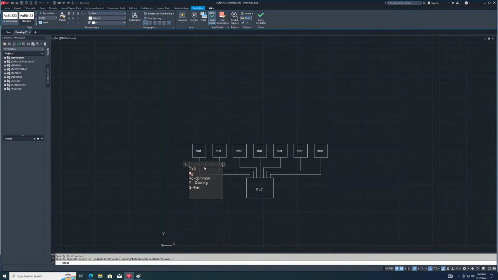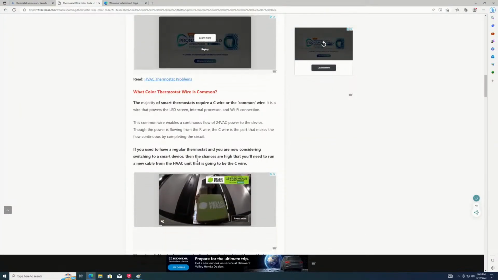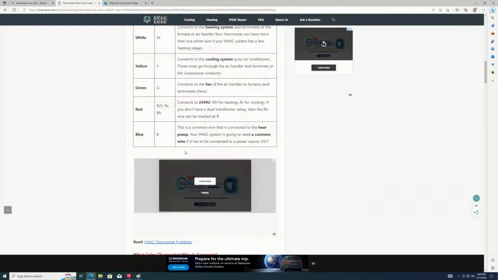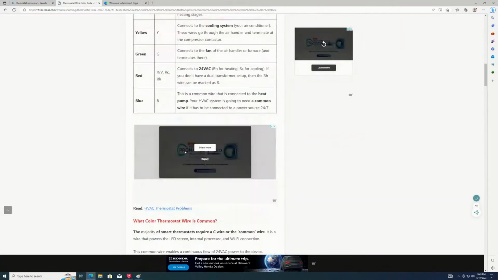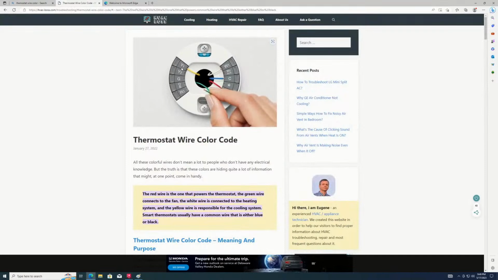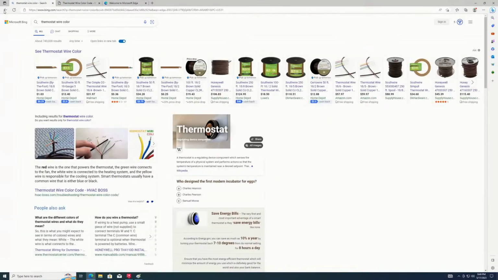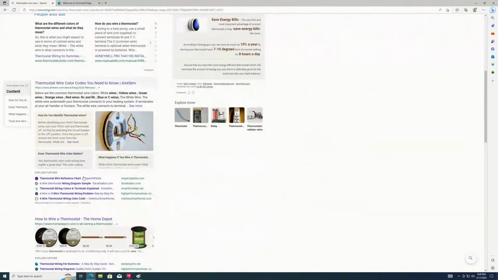I think it's like RG, which is our hot, our plus 24 volts. What's up? Y1, Y2 for stage 1, stage 2. Y1, C, and RC, and R. Why did I have it listed?